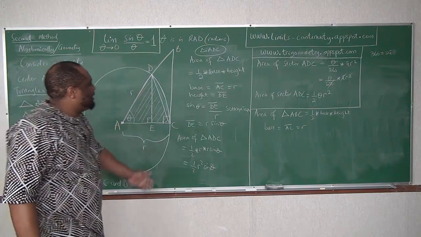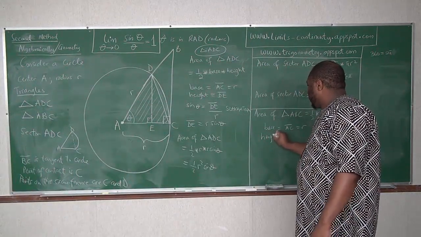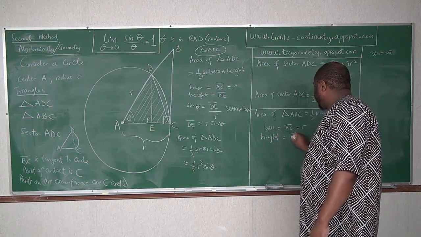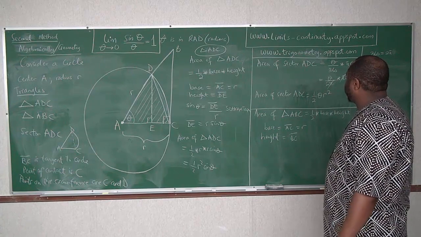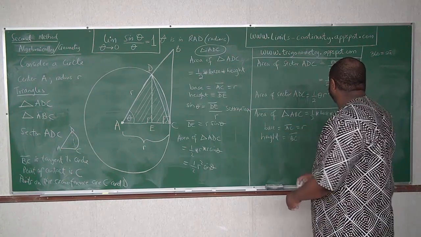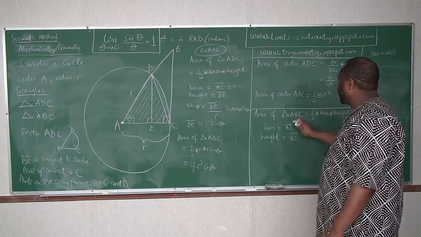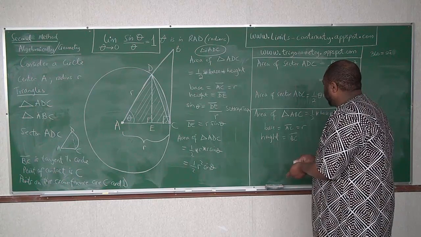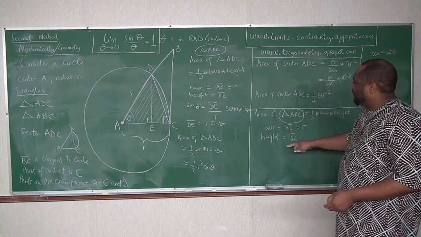Now the height is line segment BC. This is considering triangle ABC.